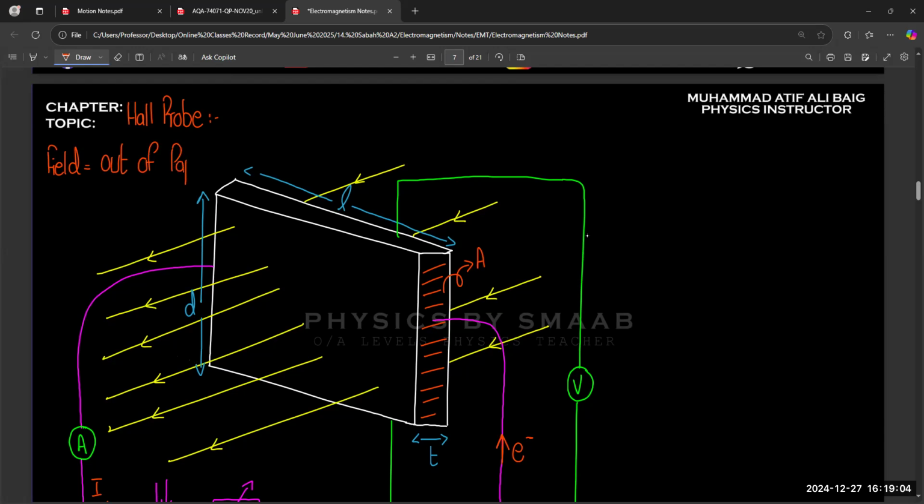Can we use the left-hand rule for this, Fleming's? Yes, exactly. Current is moving from positive to negative, it means left to right, and the magnetic field is out of the paper. And now the third quantity is force. Definitely the force will be either vertical upward or downward, right?